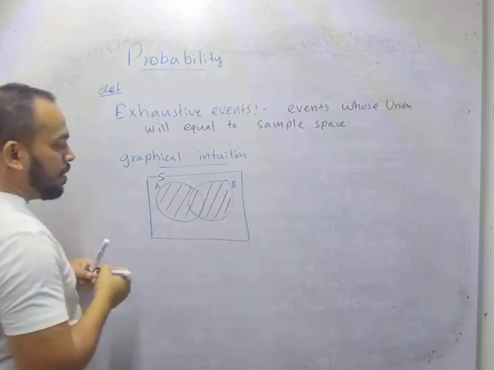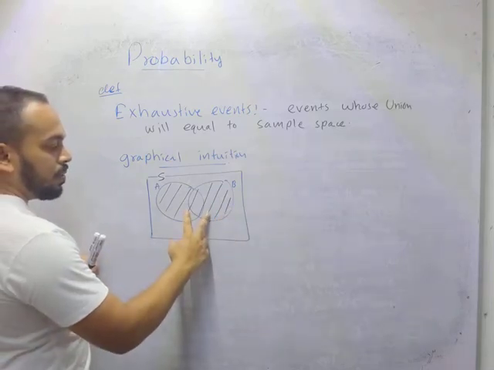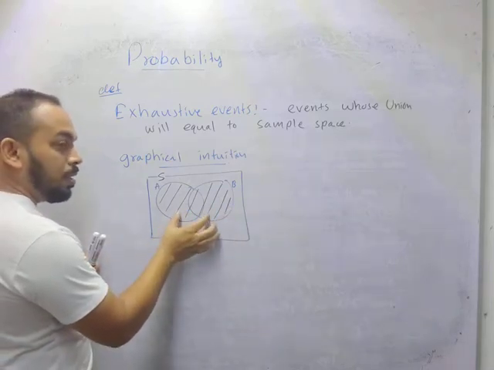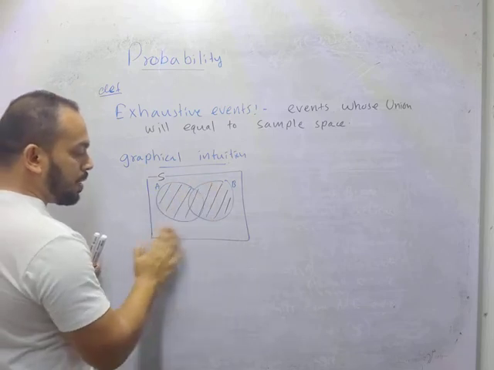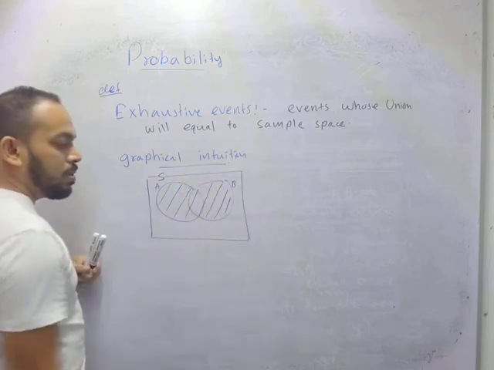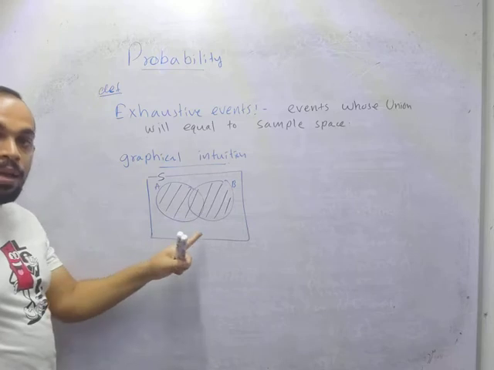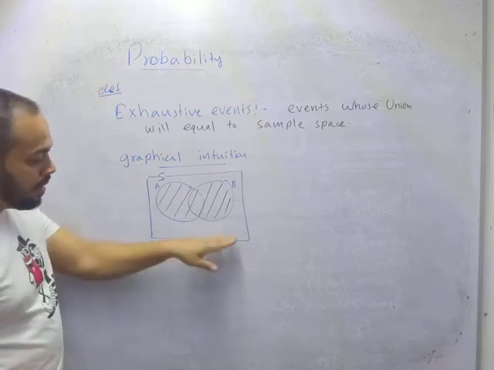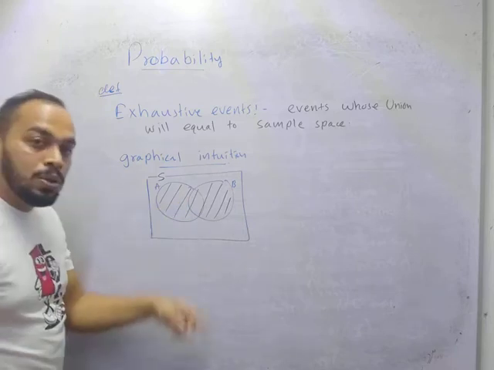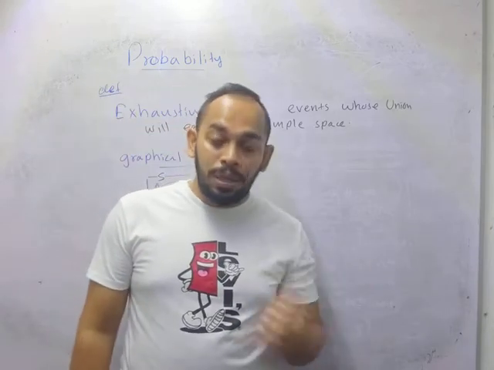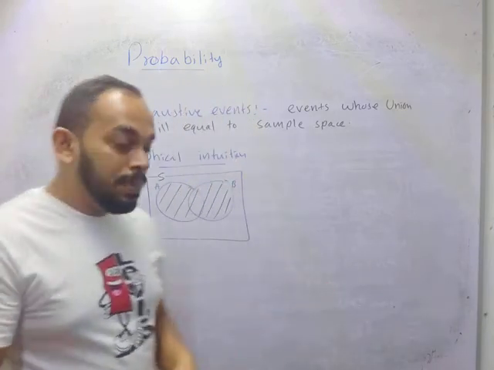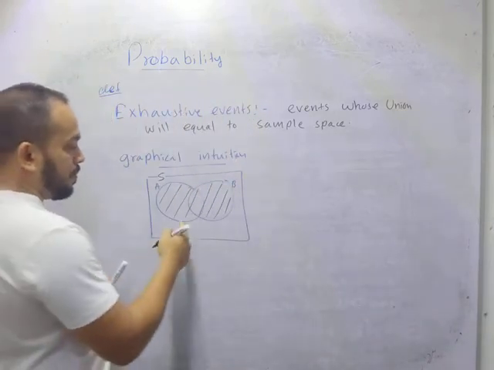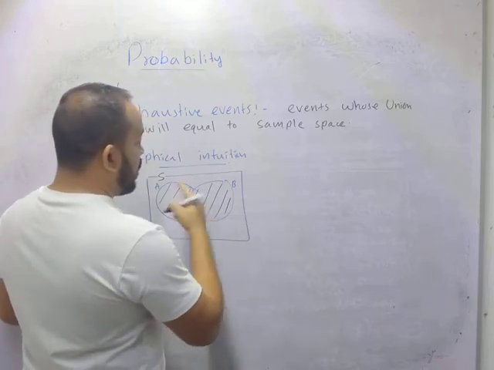Right? So if we take the union, then it will not represent the sample space because there can be elements outside, right? So these elements will not belong to either A or B. Therefore, A and B are not exhaustive. They do not represent the sample space.